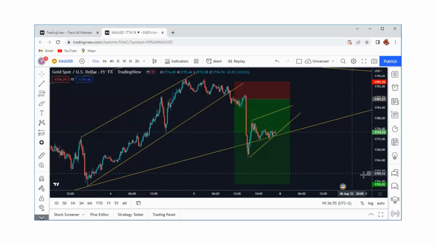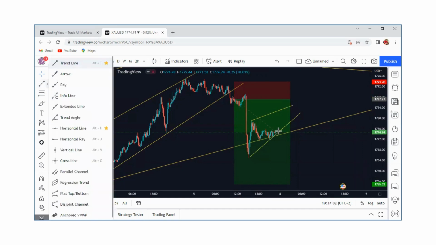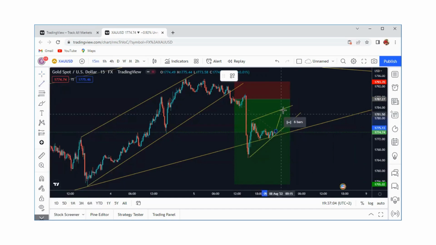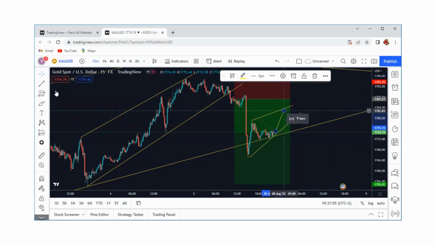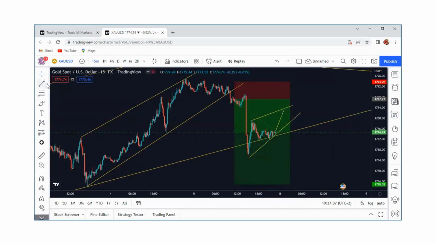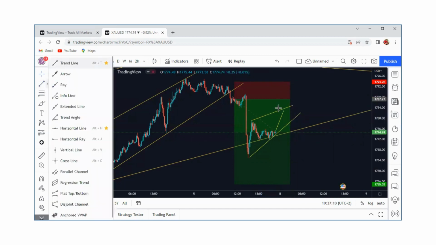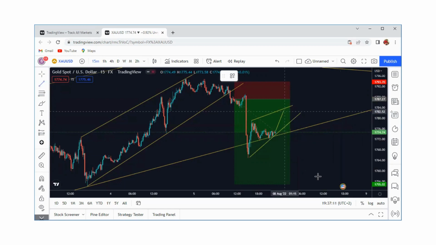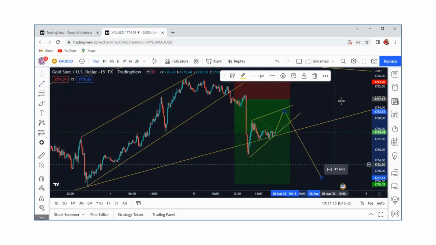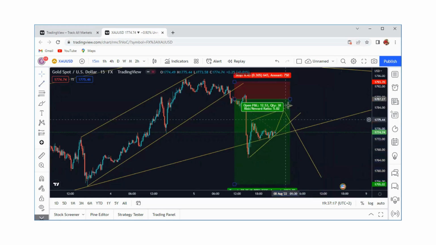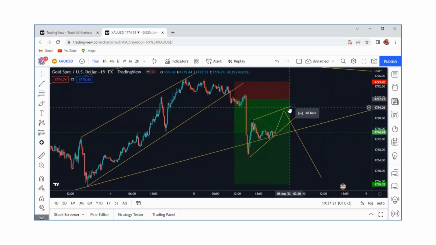I'll be looking for another reversal pattern, and I know when I see another reversal pattern that we're still going to the downside. So this is what I'll be looking for the coming week, just waiting for the market to open. I know when the market comes, I might get a risk entry here. Then that will be my second entry.